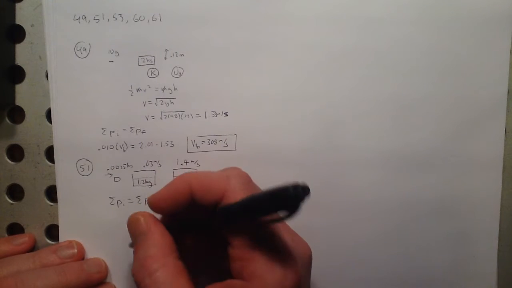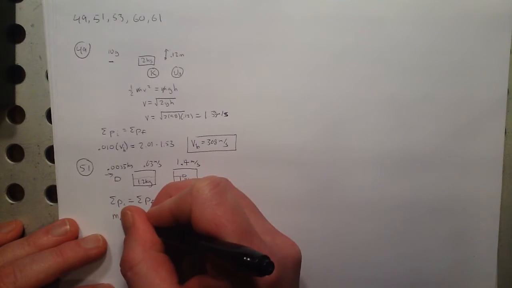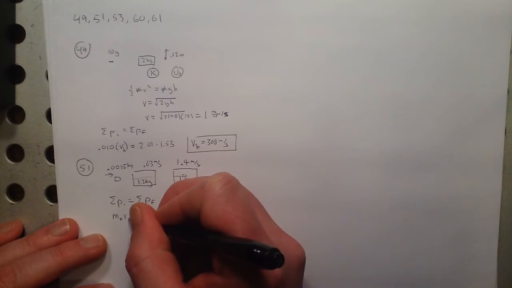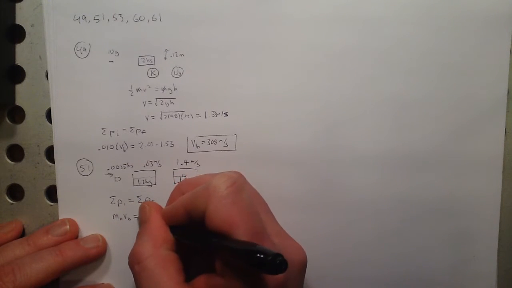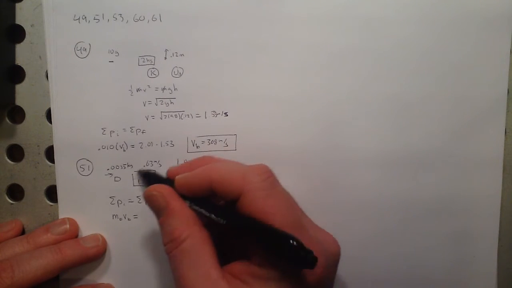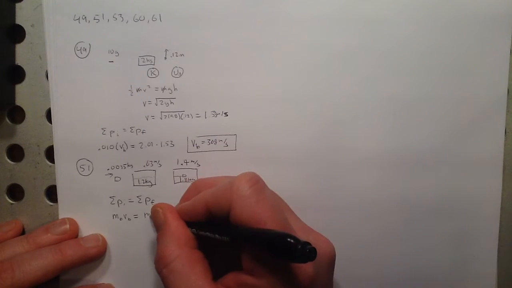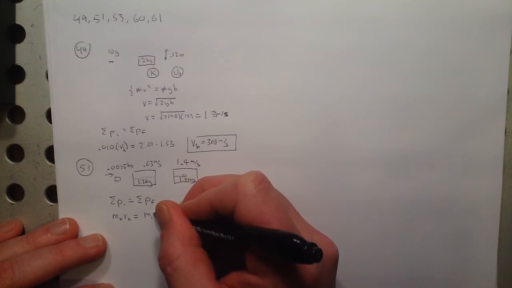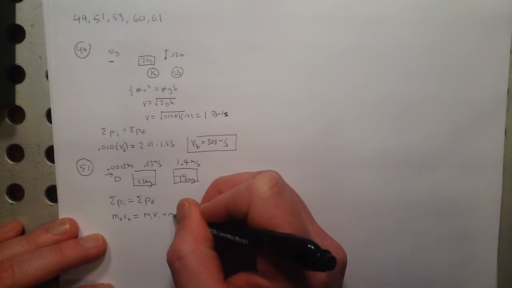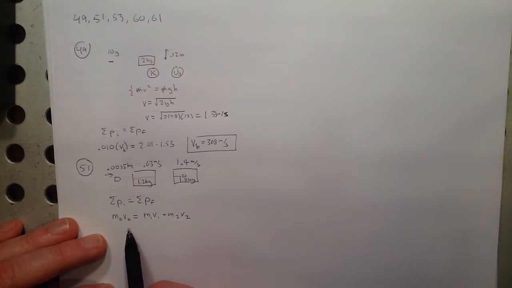So the mass of the bullet times the velocity of the bullet at the start is equal to the combined momentums. This block is moving and this one is also moving. So that's the mass of block 1 times its velocity plus the mass of block 2 times its velocity. We have everything here except for the velocity of the bullet as it enters.